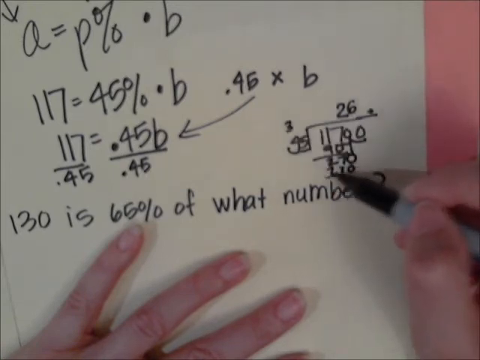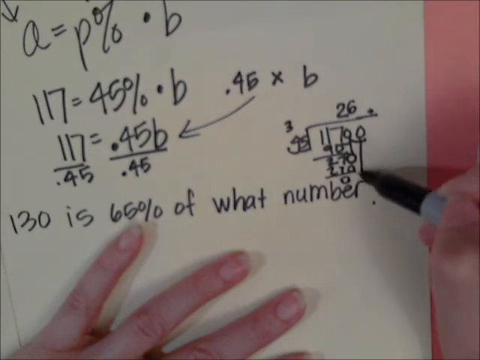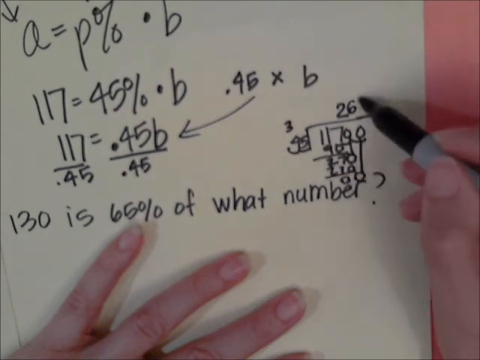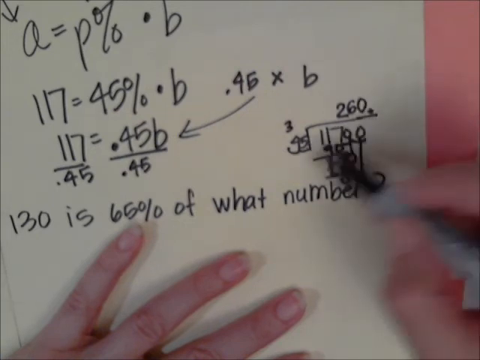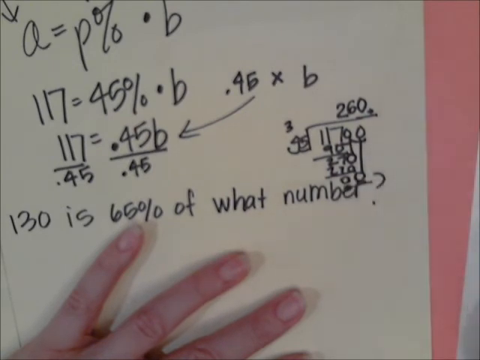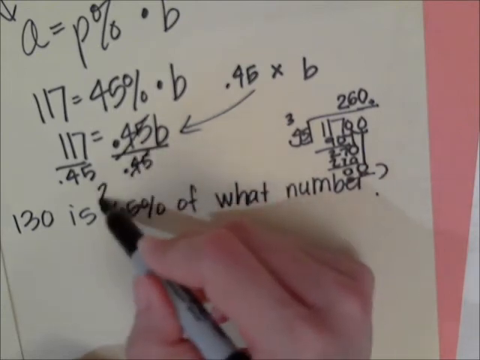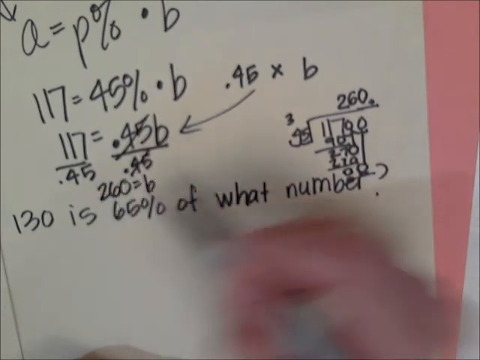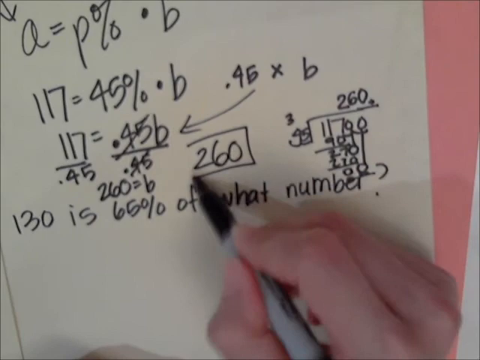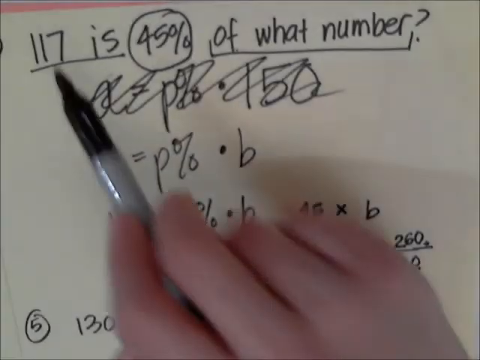Yes, 270. Bring down another 0. 45 into 0 is 0. My work is getting kind of squished. So the answer is 260 equals B.